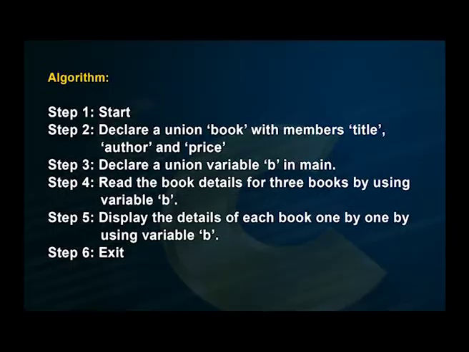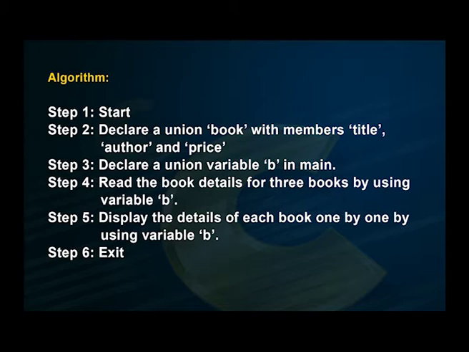Next, we shall discuss the same logic using union in C instead of structure to understand the difference between union and structure. First, we shall consider the algorithm. Step 1, start. Step 2, declare a union book with members title, author and price.